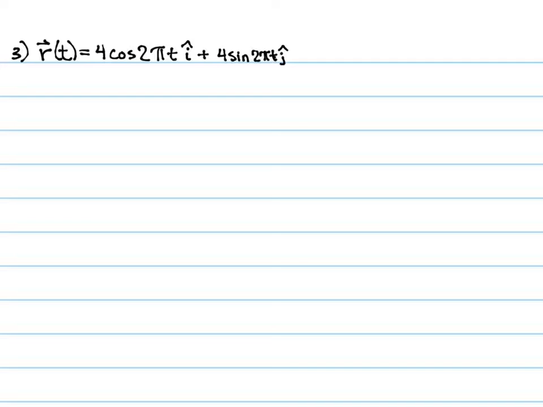Okay, so the curvature formula, I'll just write it on the screen, is the magnitude of T prime of t divided by the magnitude of r prime of t. And we talked about T back in section 12.4.